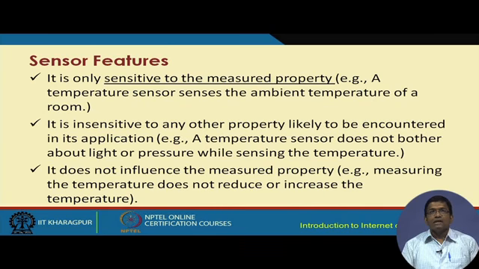Now, the sensors have different features. They are sensitive to the physical property that is being measured, and only to that property. Basically, a temperature sensor can sense only the ambient temperature of the room, and it is insensitive to other changes, maybe changes in the atmospheric pressure or in the lighting condition of that room.